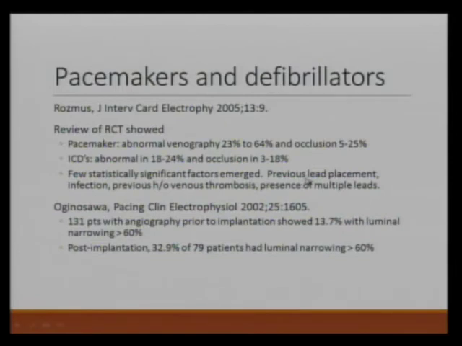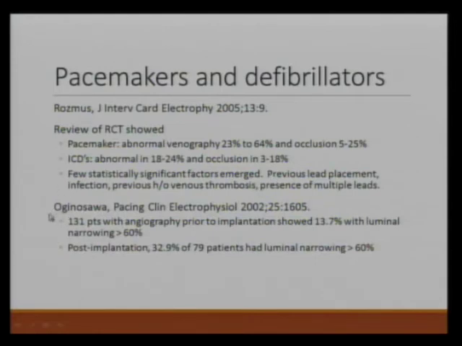One was previous lead placement. If they had a pacemaker and had it changed out for an ICD, they were more likely to have a stenosis. Also infection before getting the device, a history of venous thrombosis, and the presence of multiple leads, 2 instead of 1.